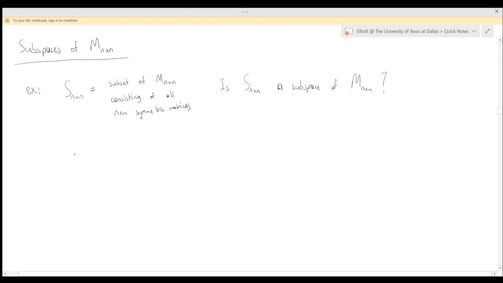Now, before I get to that, let's just quickly recall. What does it mean for a matrix to be symmetric? Remember, a matrix A is symmetric if and only if its transpose is equal to itself.